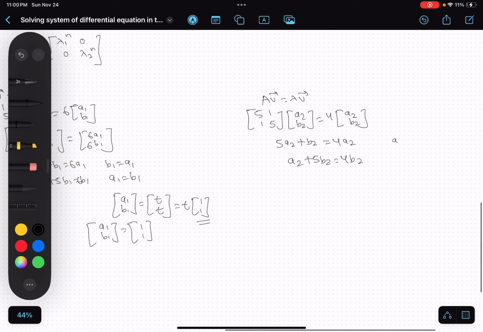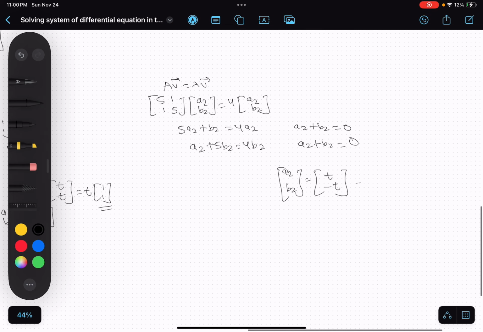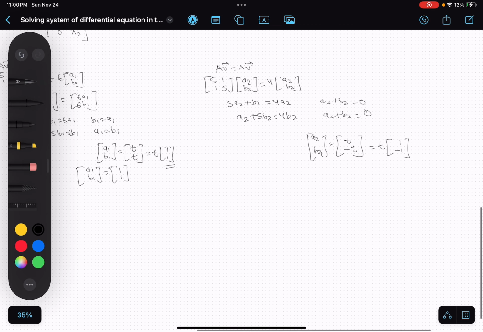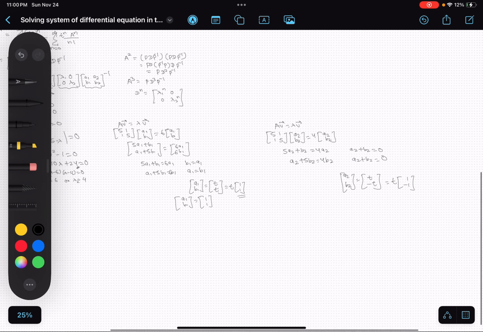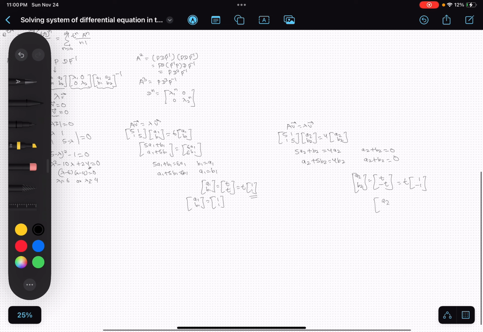So this is a2 plus b2 equals 0, and this is also a2 plus b2 equals 0. The solution will typically be a2 b2 as t and minus t, right? So that they sum to 0. Now if I take t common, this will just be 1 minus 1. Okay, so these two are the solutions with the eigenvectors. I can just take a2 b2 as 1 minus 1, right? Okay, so now I know this.